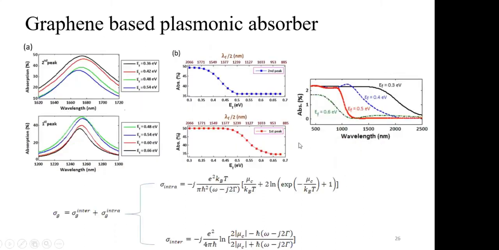And if you see the result based on the potential, you can see each peak of absorption can be tuned separately as a function of the potential of graphene, separately, as you see here.